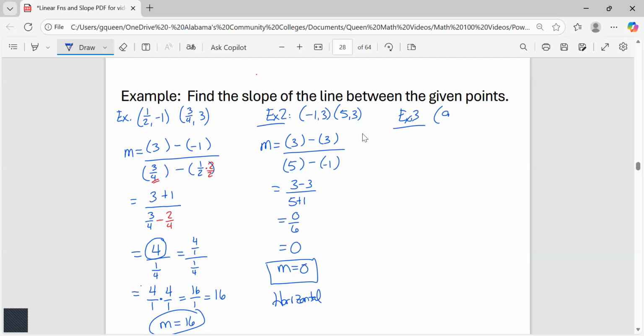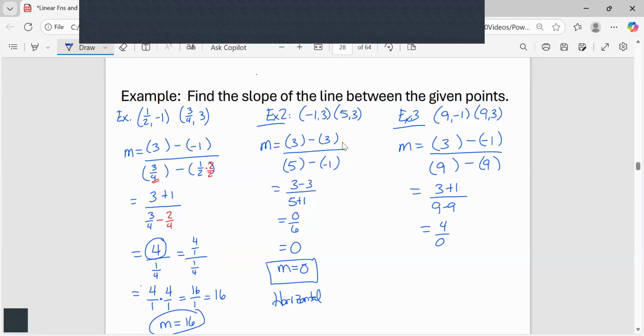Suppose you have (9, -1) and (9, 3). The slope here will be y minus y over x minus x. y2 is 3, y1 is -1, x2 is 9, x1 is 9. So I end up having 3 plus 1 over 9 minus 9. So I have 4 divided by 0.